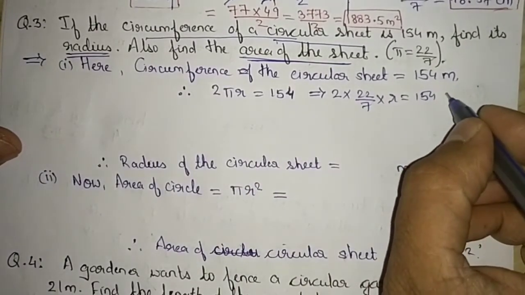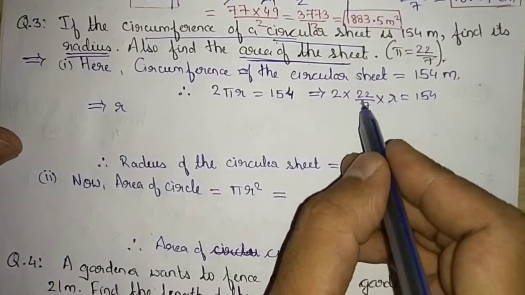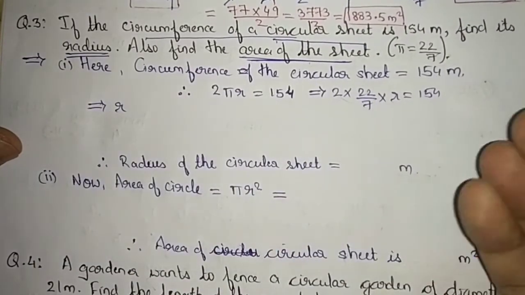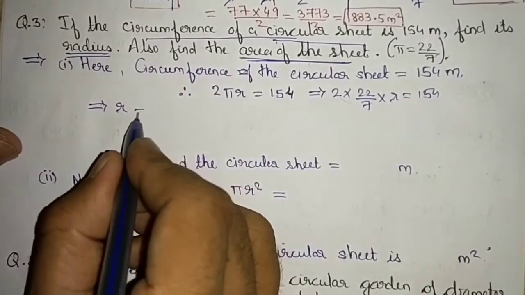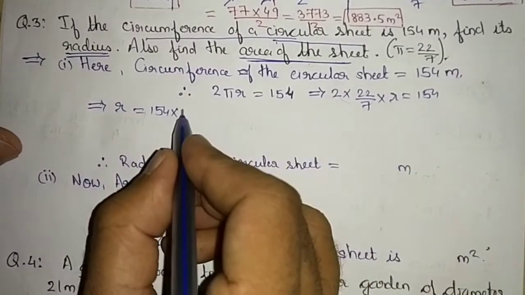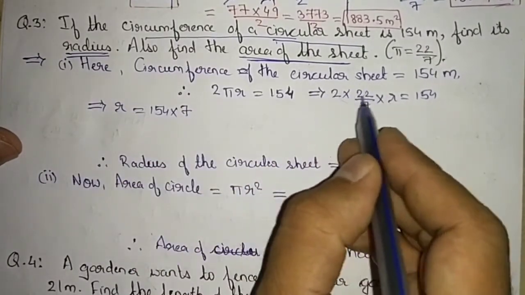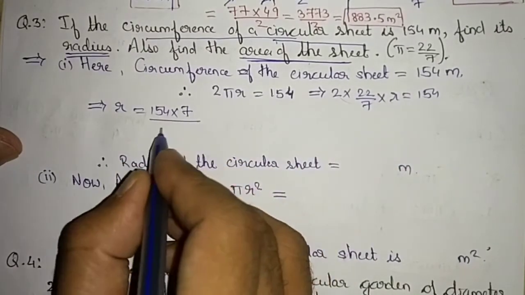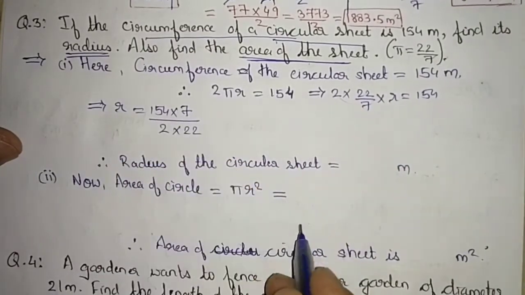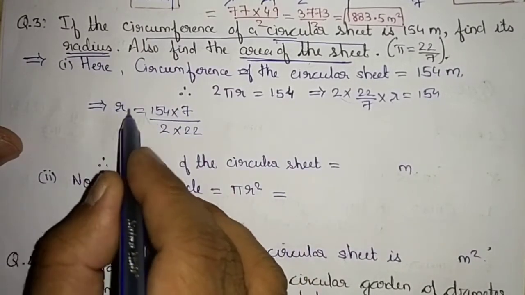Now keeping r as it is over here, and taking the rest of the terms towards that side, but we will take it one by one. 154, this 7 which is in division, it will go there and multiply. This 2 which is in multiplication, it will come down and divide. So on calculating this, we will find r.